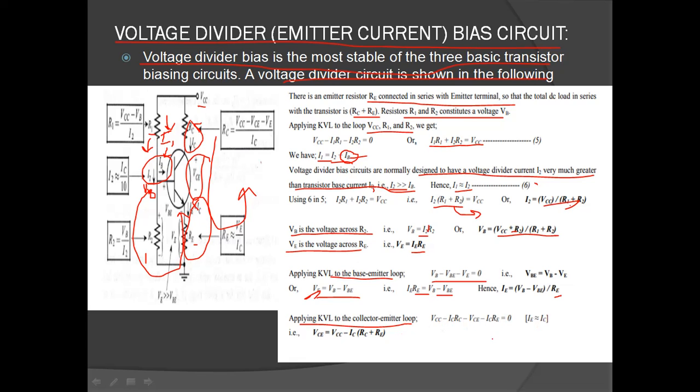When you rearrange this, you get VCE is equal to VCC minus IC into RC plus RE.